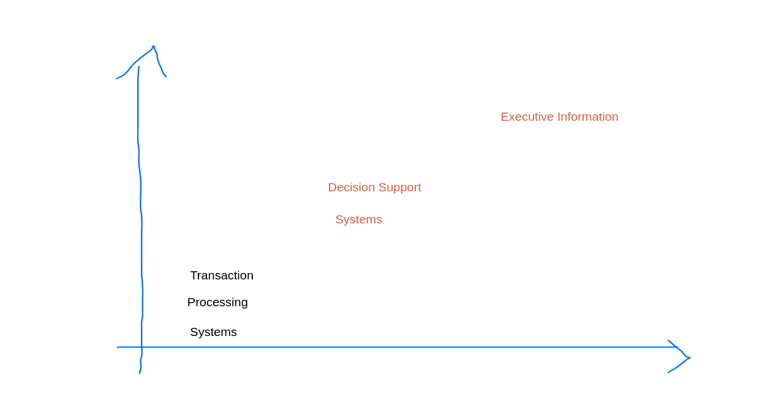Now you might ask, what is the difference between decision support and executive information systems? I would say executive information systems are used by top management, board of directors, senior managers of the company, maybe chairman, managing director.